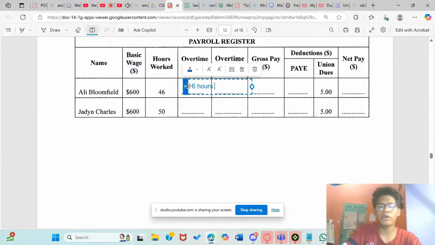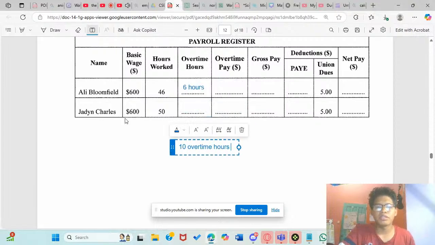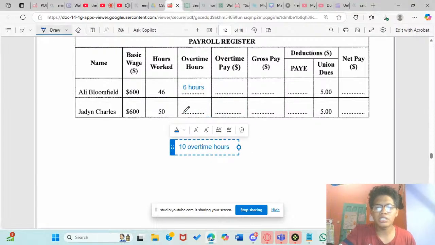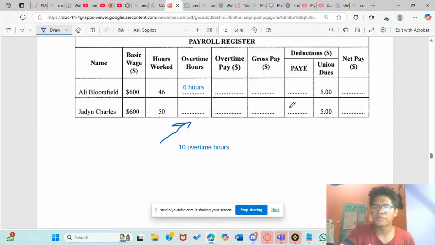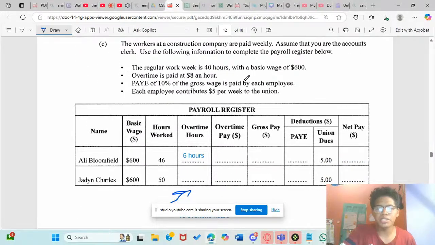So 6 hours, and then we have the $50. The $50 for that is 10 hours, 10 overtime hours. So we have deductions, pay, union dues. They say a pay of 10% of gross wage is paid by each employee.